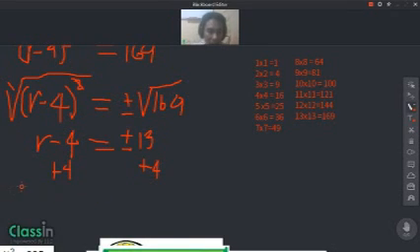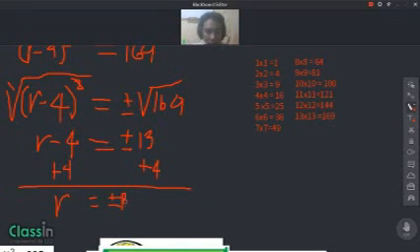So this will become r equals positive or negative 13 plus 4.